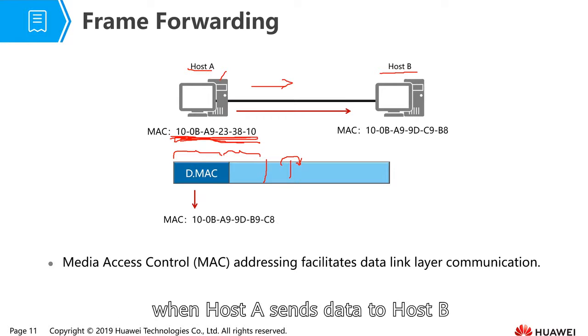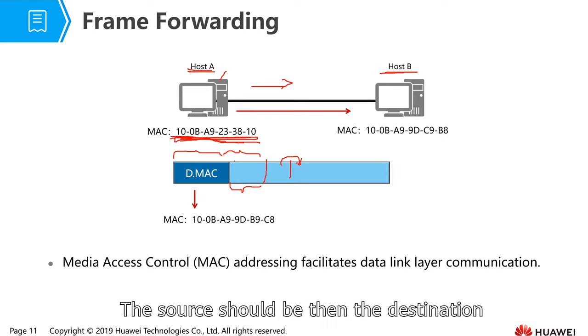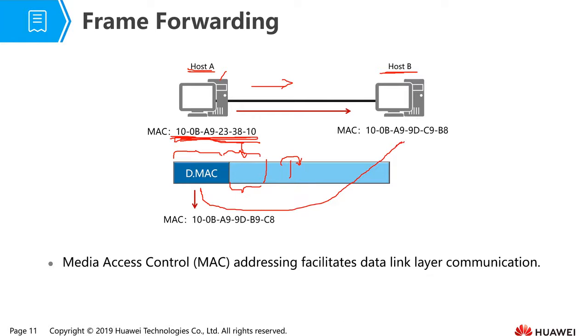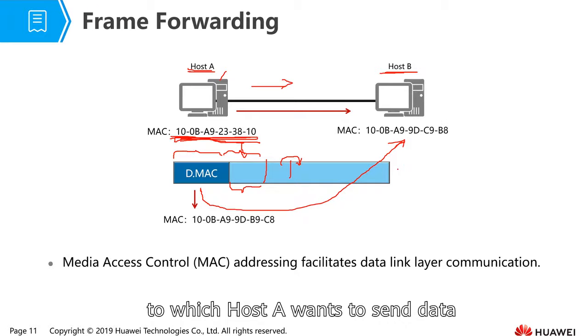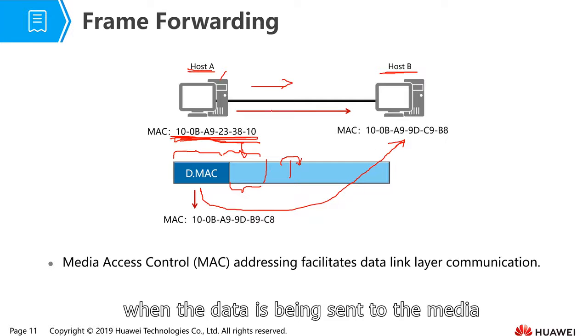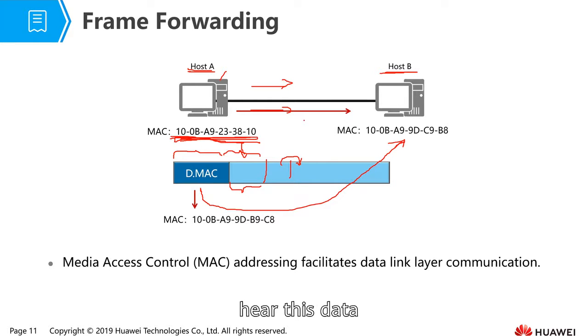When host A sends data to host B, it should fill in this field. The source should be itself, and the destination should be the device host A wants to send the data to, in this scenario, host B. When the data is sent to the media, all the devices connected to this media will hear this data.